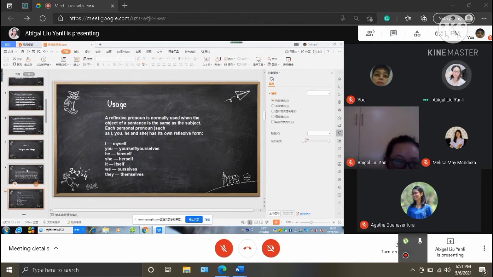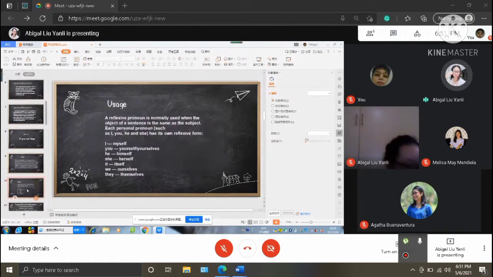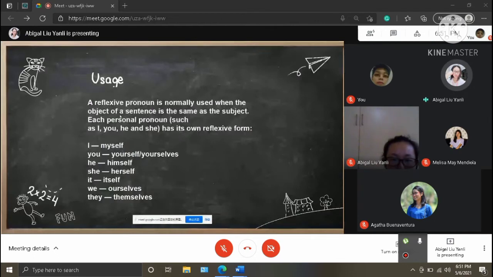So now let's see the usage. A reflexive pronoun is normally used when the object of a sentence is the same as the subject.